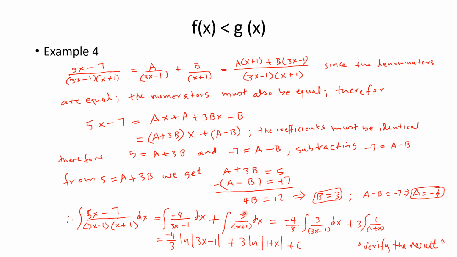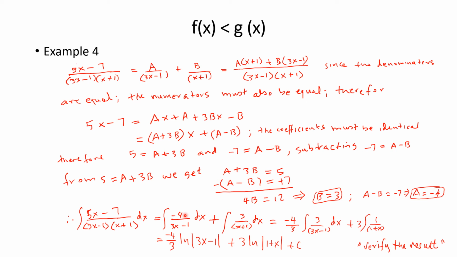So this is the integration of B, which is 3 divided by x plus 1. Now the integration is going to be as follows. We can take negative 4 outside. If we take negative 4 outside, then the numerator must have value 3. Otherwise, the numerator will not be equal to the derivative of the denominator.